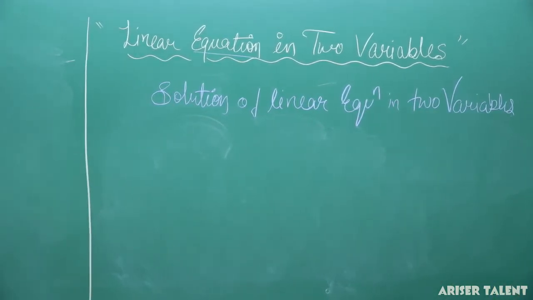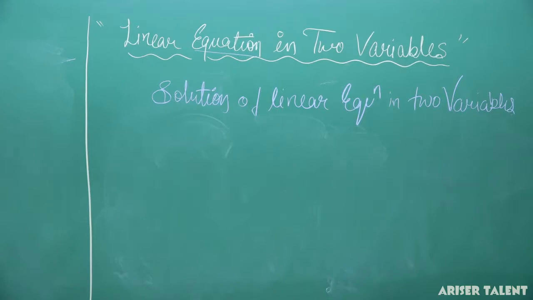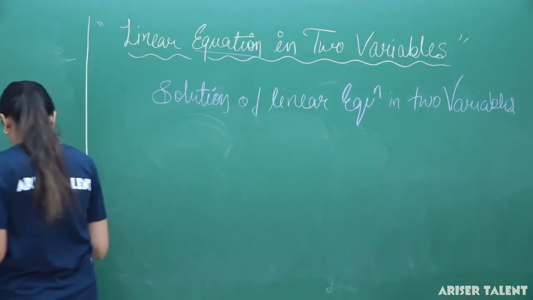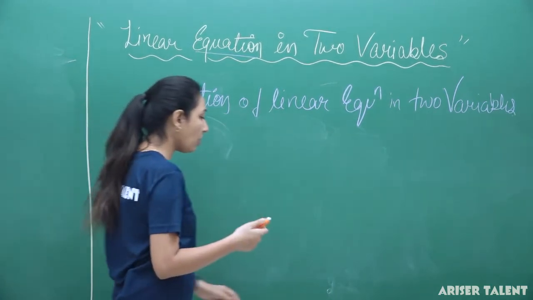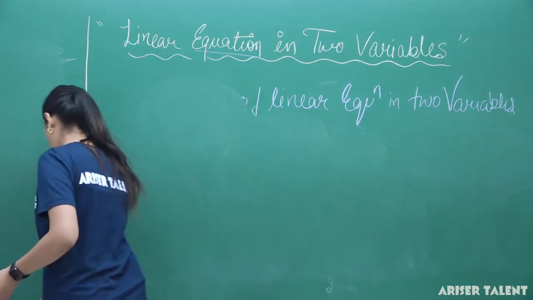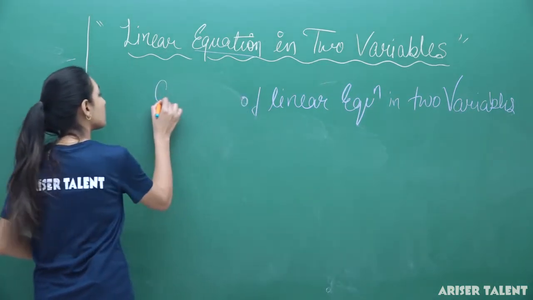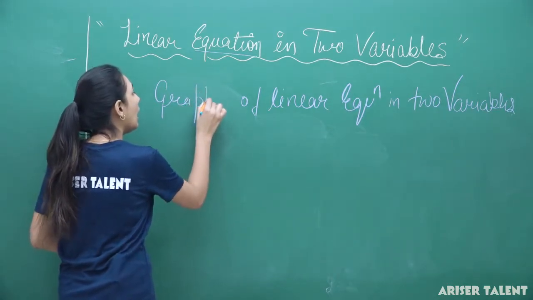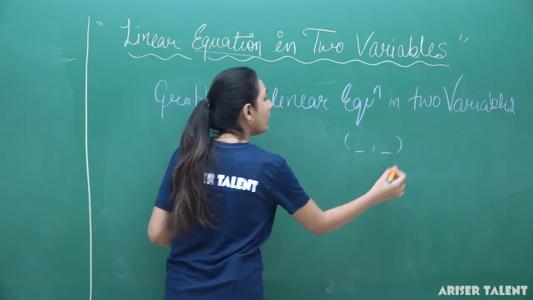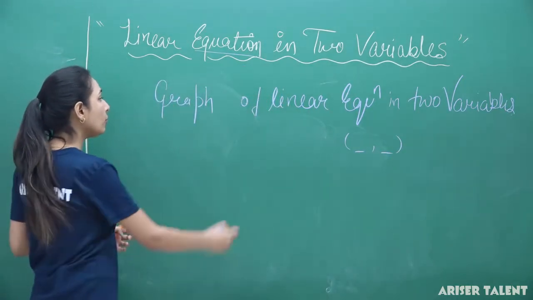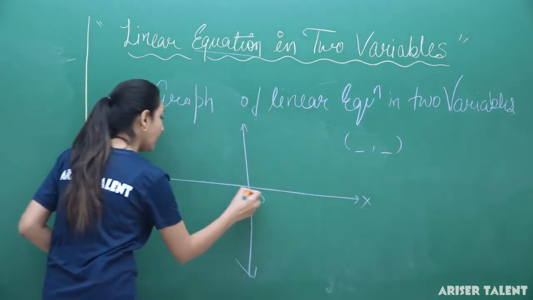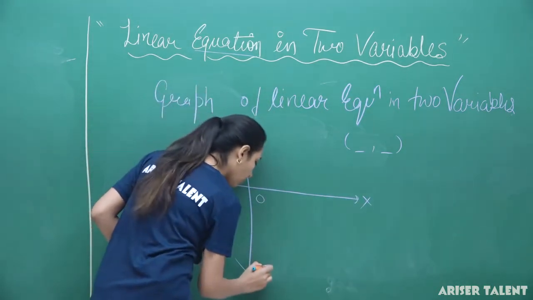After the solution, we'll talk about the graph of a linear equation. So how will we draw the graph of a linear equation? I was telling you we're getting some value of x and some value of y. I've told you this is in coordinate geometry, this is the XOX' axis and this is the YOY' axis.